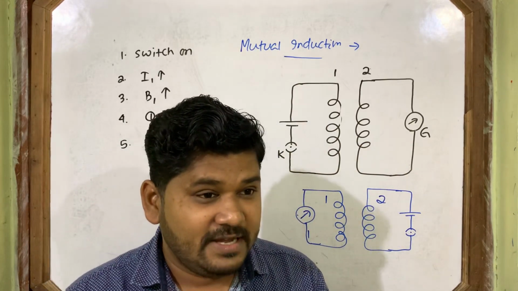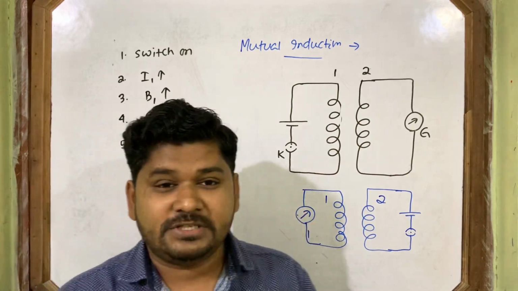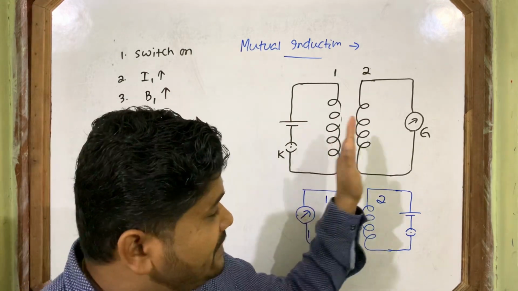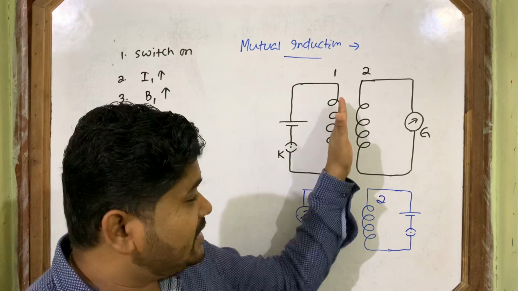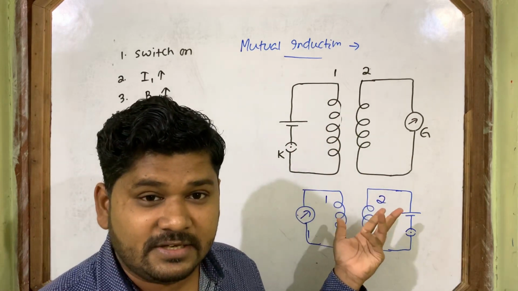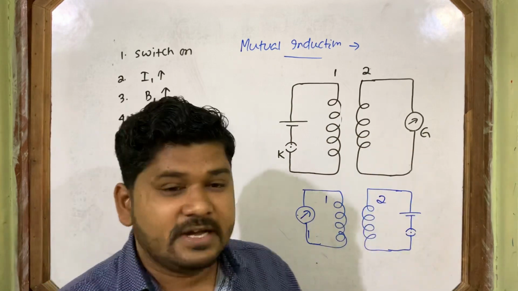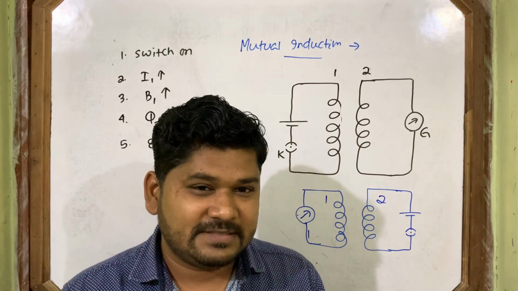Again I repeat, it is the property of two coils, by virtue of which when current changes in one coil, EMF is induced in the neighboring coil without any connection, but current passes, which can be detected by the galvanometer.